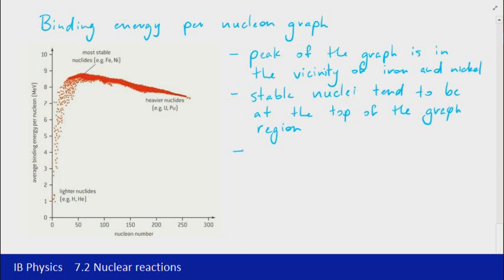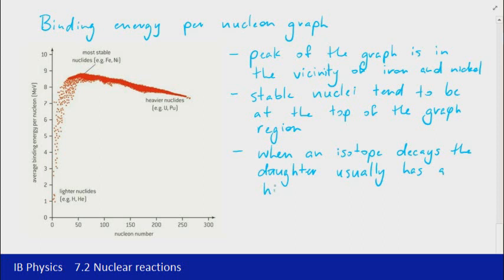And the last thing there is that when an isotope decays, what it basically means is that it's going to move further up on that graph. So when an isotope decays, the daughter nucleus has a higher binding energy per nucleon, so that means it becomes more stable.